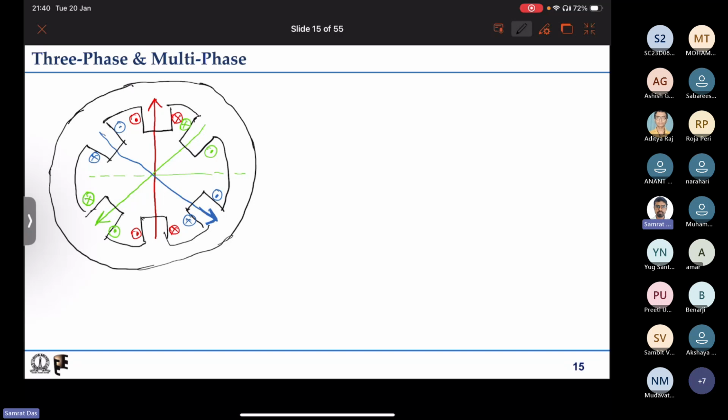So this is the case that we are going to look at as of now, that is the three phase one. Multi-phase, say if we had 4 phase or 5 phase or 6 phase, it's the same business that I had done. You can realize the same thing by just having the appropriate angle difference between the two, because we had 3 phases.